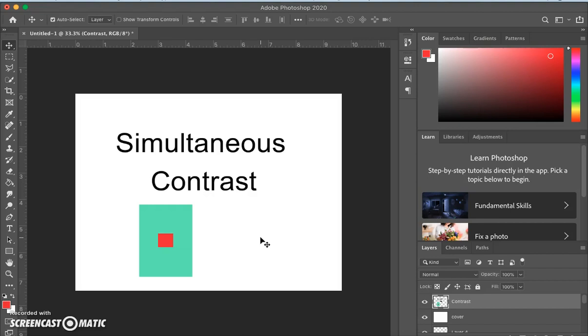What that means is that if you stare at the red for more than 30 seconds and it saturates your cones, remember your cones are about perceiving color, then whenever you look away, you're going to see an after image. And that after image is going to flip, where the background will look like the red, and that little tiny square in the middle will have this sort of really fuzzy green after image.